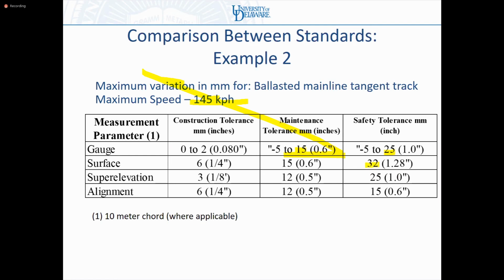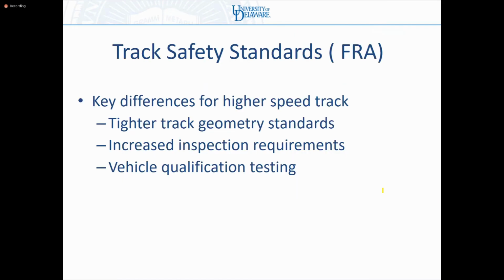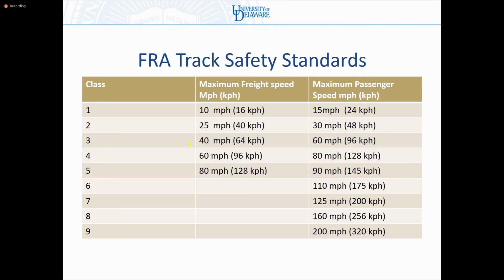Remember this was 55 on the surface, now it's 32. It was 22 on the alignment, now it's 15. So higher speed track has higher restrictions.